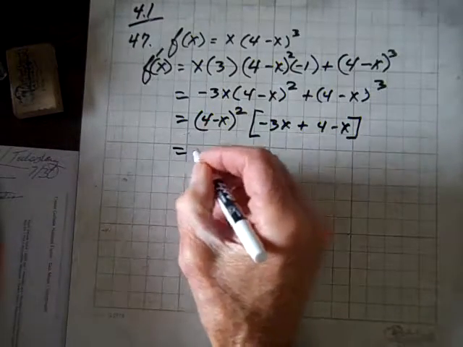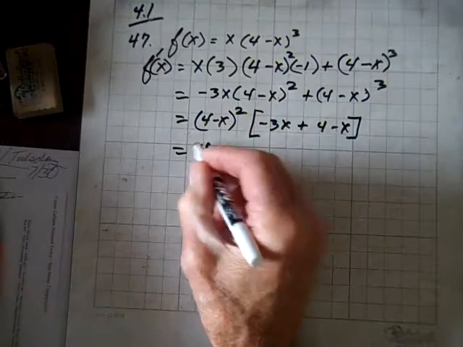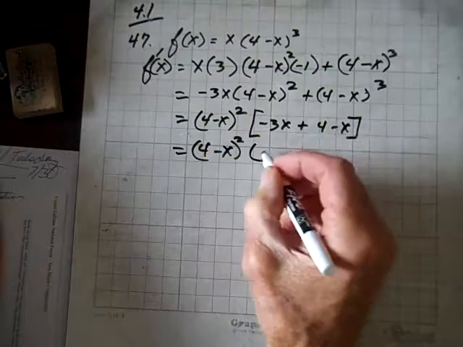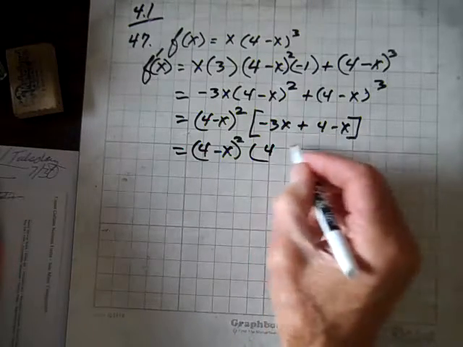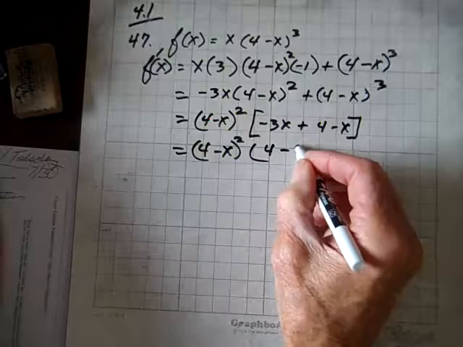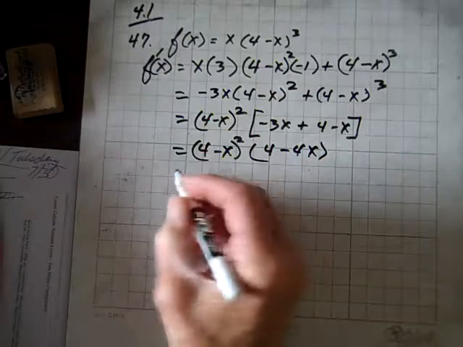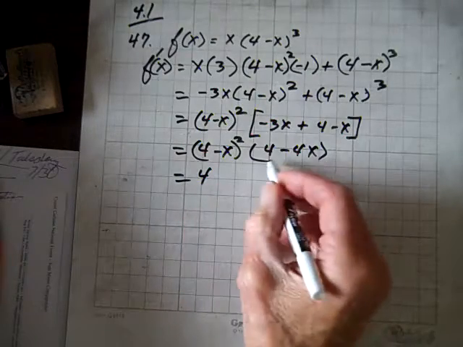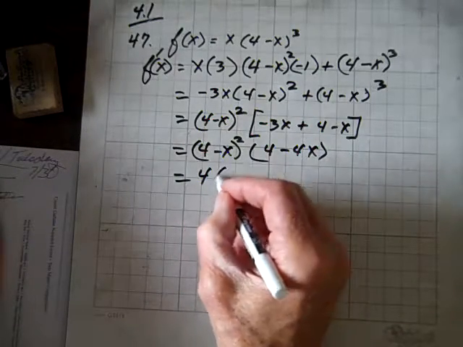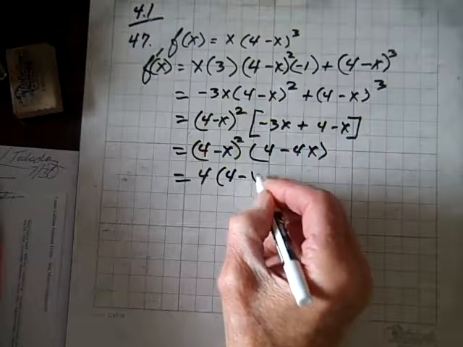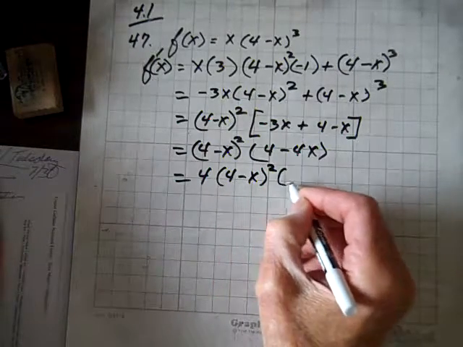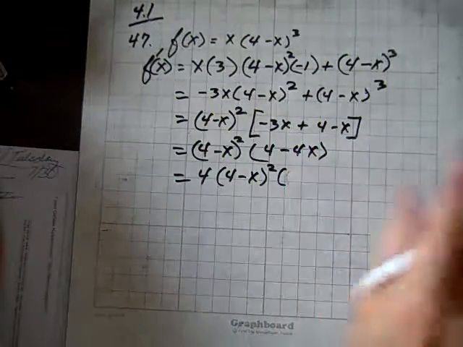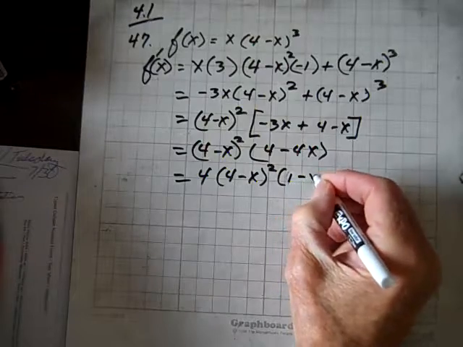Now let's simplify that, and we get 4 minus x quantity squared times, and let's see, 4, and adding up the x's we get minus 4x. And just to make our life simpler, I'm going to factor a 4 out of each of these two terms. So we get 4 times 4 minus x quantity squared times x, times, factoring 4 out, 1 minus x.